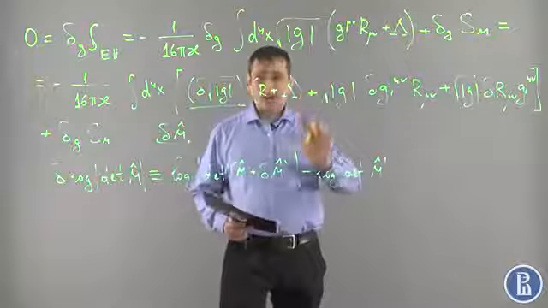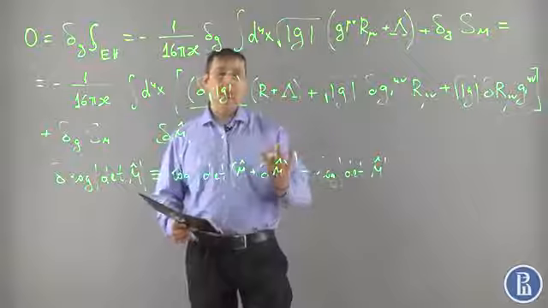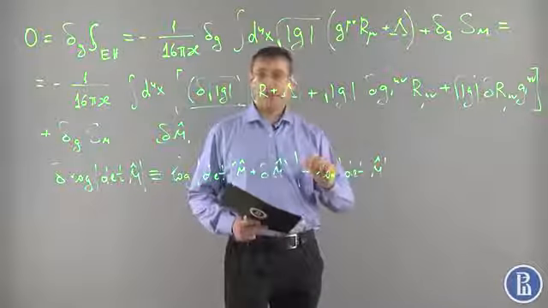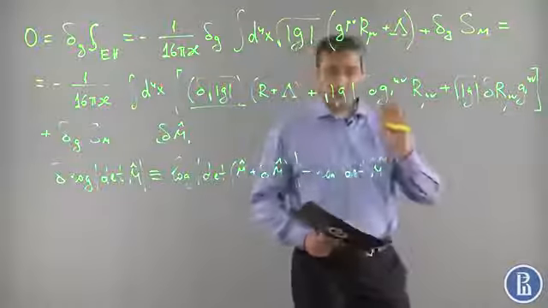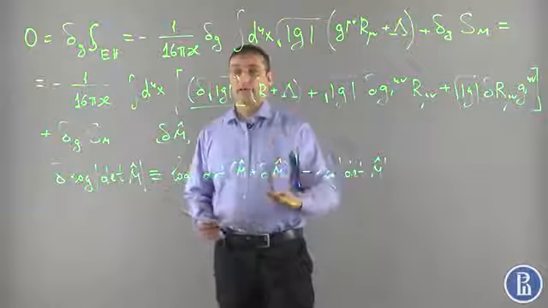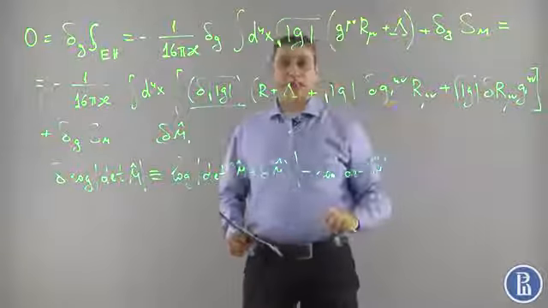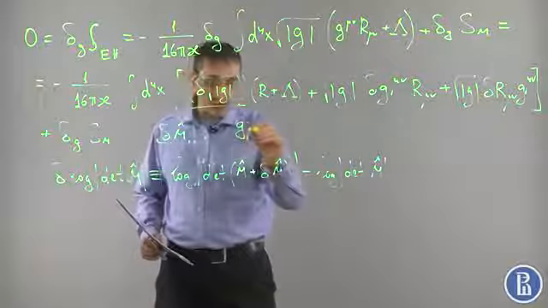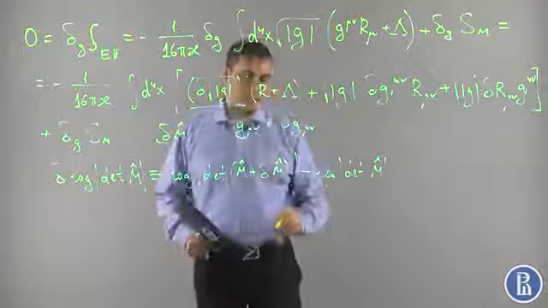Before I move further, I just realized: when I wrote this, I assumed that everybody knows how to vary a field action with respect to the corresponding field. But let me say a few words. We consider this action, and we want to slightly deviate the metric. So we add to the metric a small deviation.